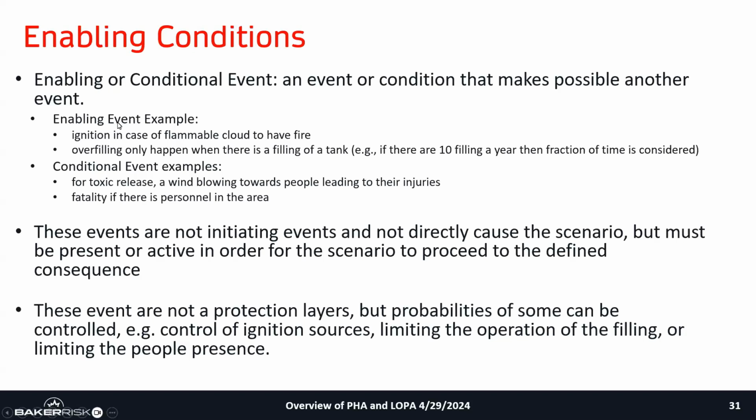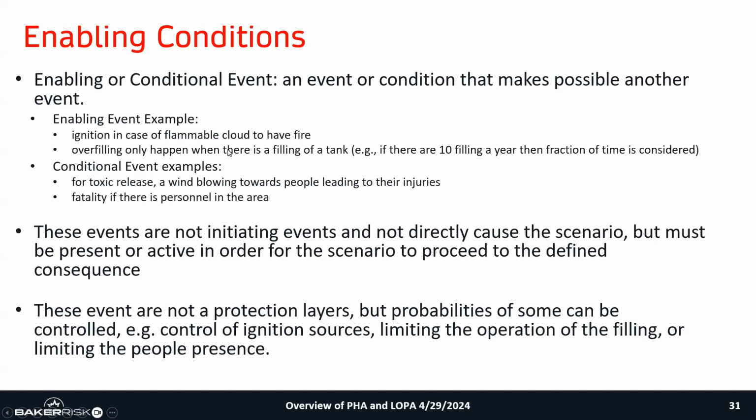Some examples of an enabling event: ignition in the case of a flammable cloud. In order for you to have a vapor cloud explosion, you have to have ignition. So your ignition is an enabling event.